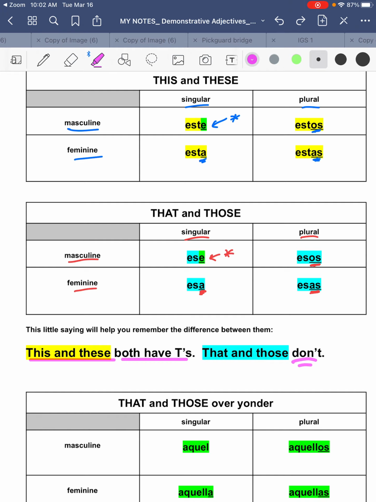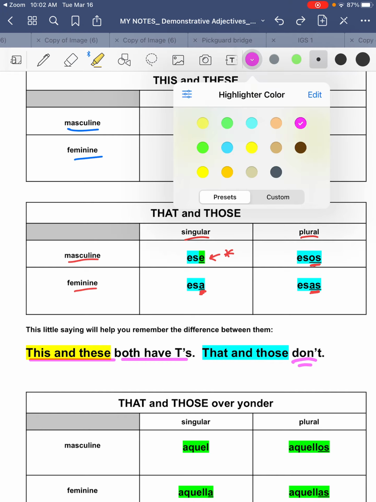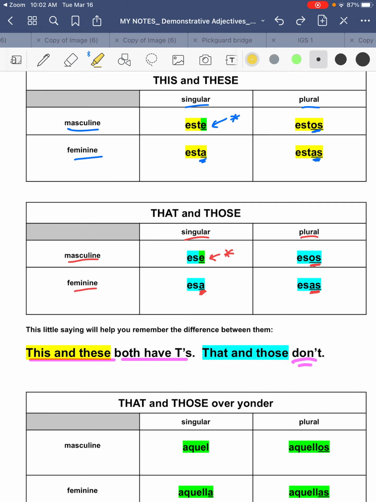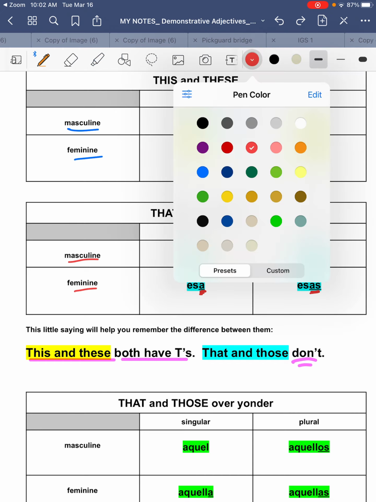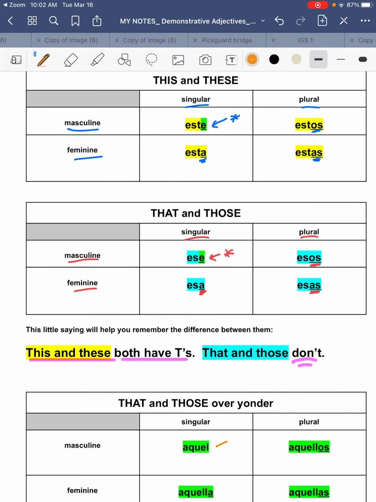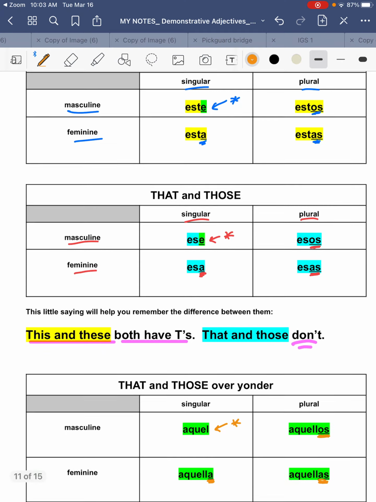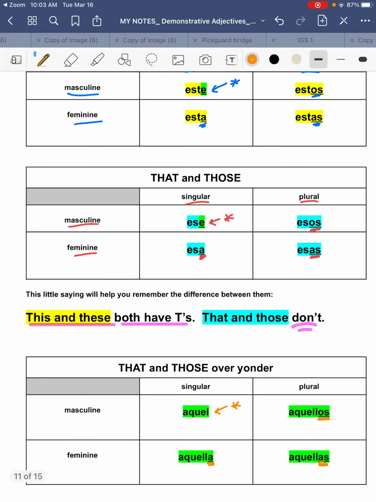Finally, what about yonder? What about those things that are over there? Not surprisingly, our masculine singular is going to be slightly irregular, and the rest of the forms are completely consistent and predictable. Aquel, aquella, aquellos, aquellas.